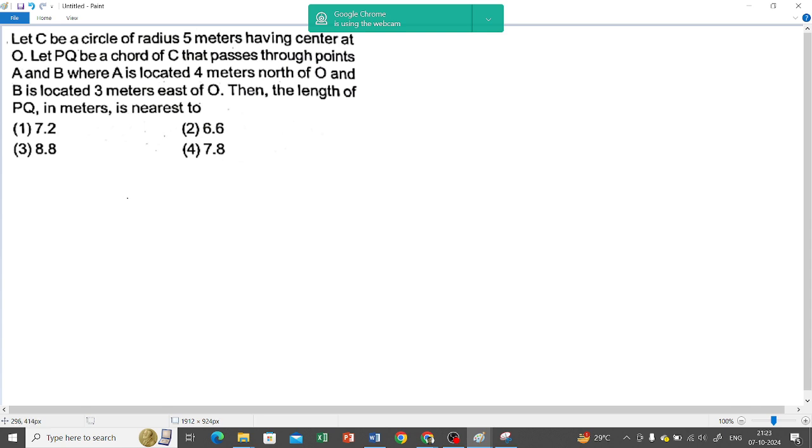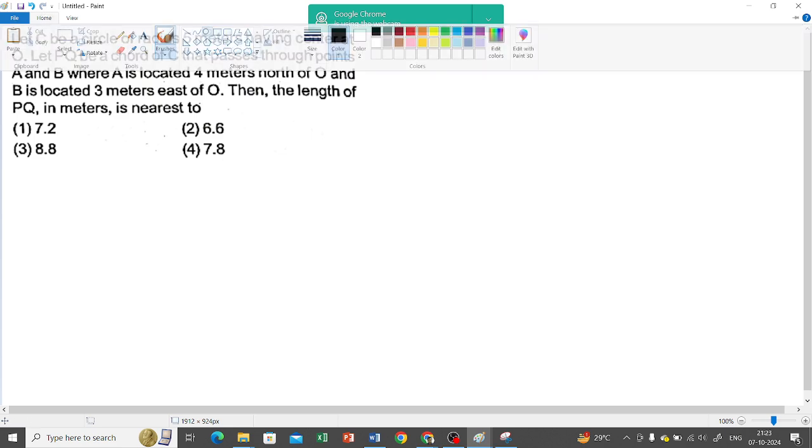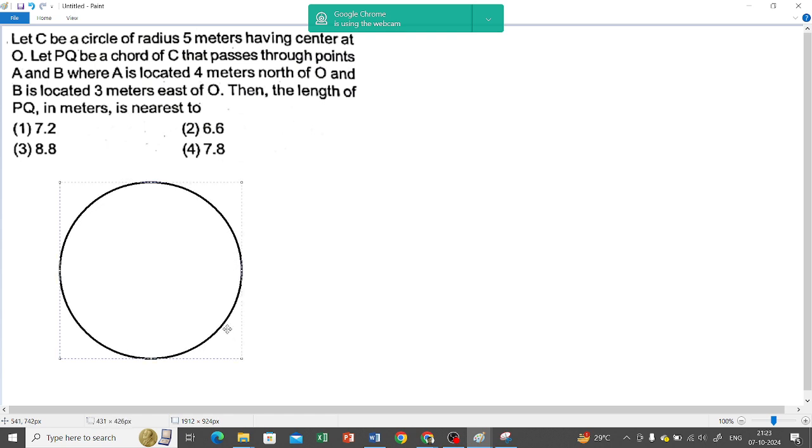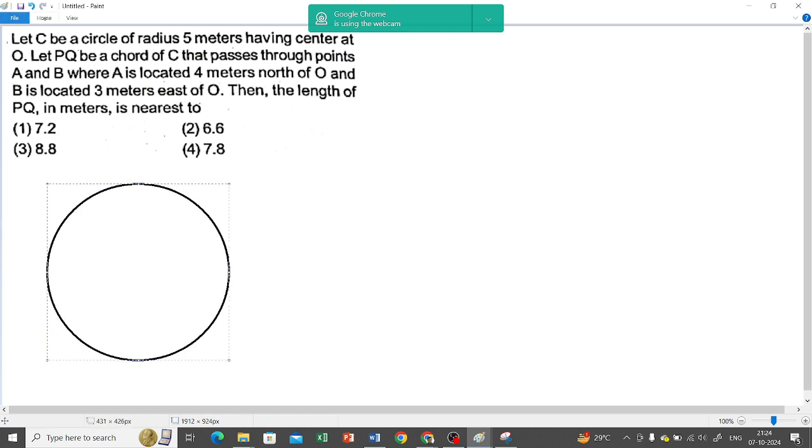Let C be a circle of radius 5 meters. Center is O. The radius is 5 meters.